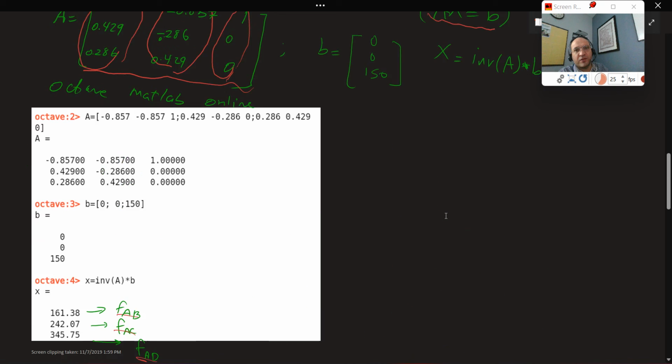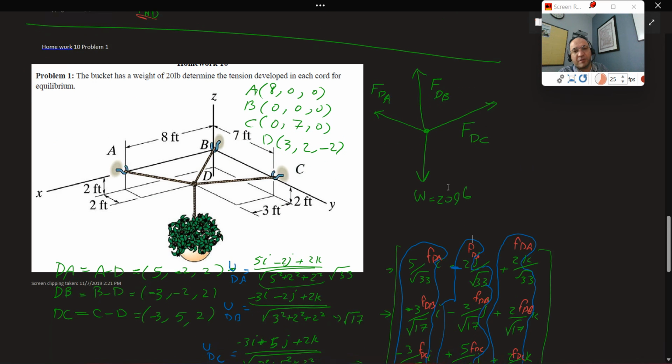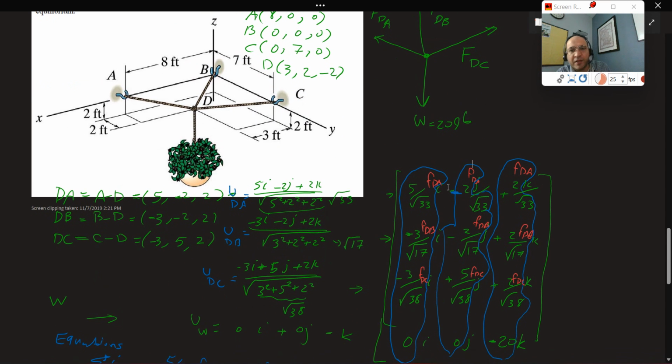Up there, we opened it up like this, and we put FAB equal to that equation. You could do the same thing here. We already know this is FDA is equal to this.